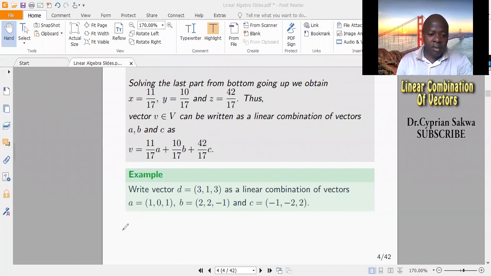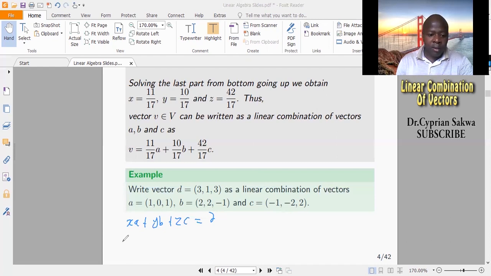In other words, can you find scalars x, y, z such that xa plus yb plus zc is D? Can we find that? And if those scalars exist, then we can write D as a linear combination of these other vectors.